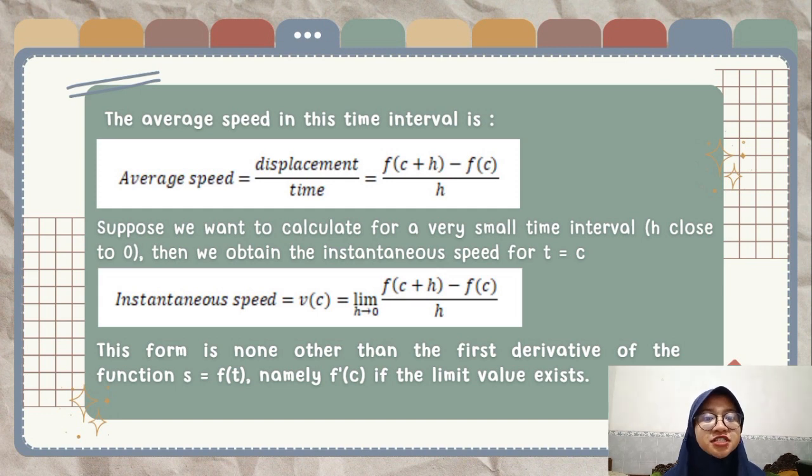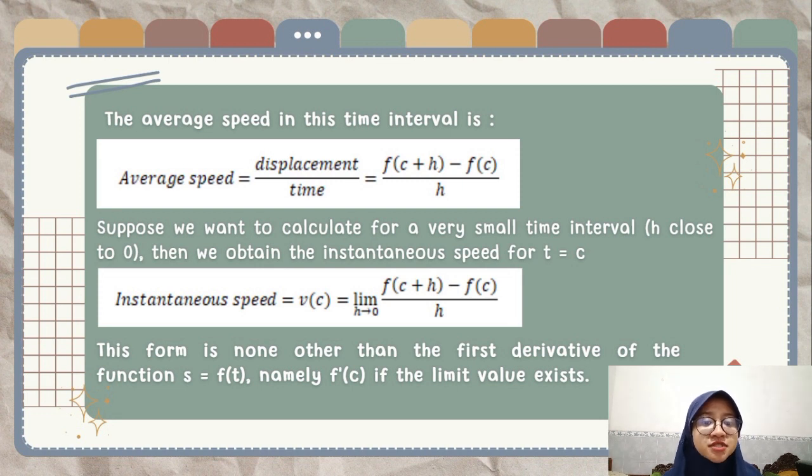The average speed in this time interval is average speed equals displacement over time, equals f(c plus h) minus f(c) over h. Suppose we want to calculate for a very small time interval, h close to 0.